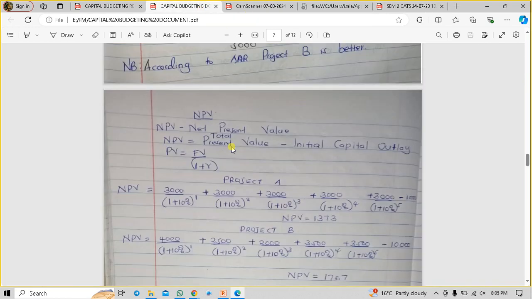So this is what you do. 1 plus 13% to the power 1.